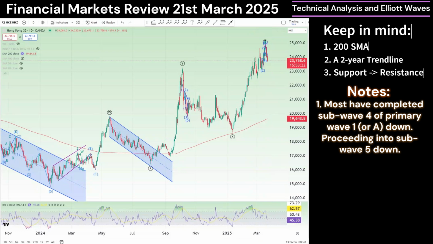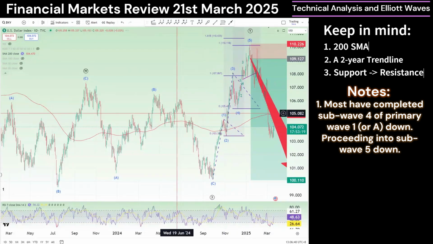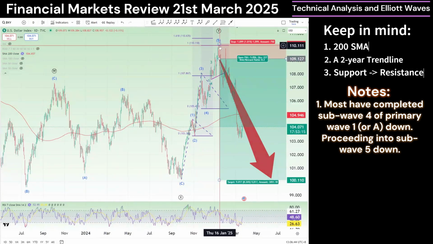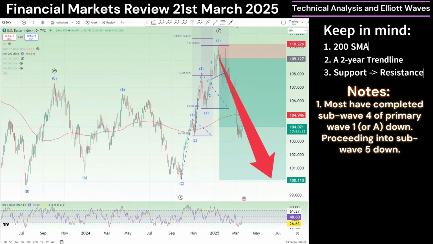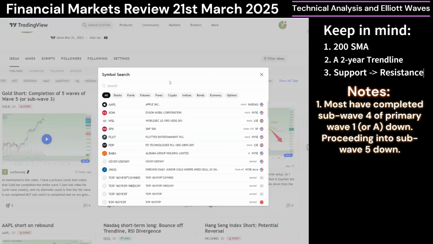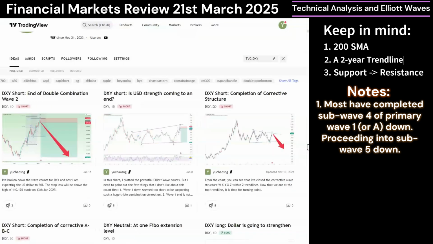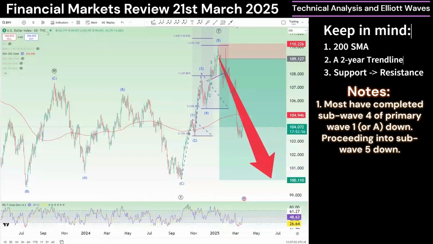Now I wanted to talk about another one, which is the DXY. Quite long back, I actually called for the DXY short. Let me just try to find it over here. Right, it's actually on the 15th of Jan 2025, where I called for the move down.